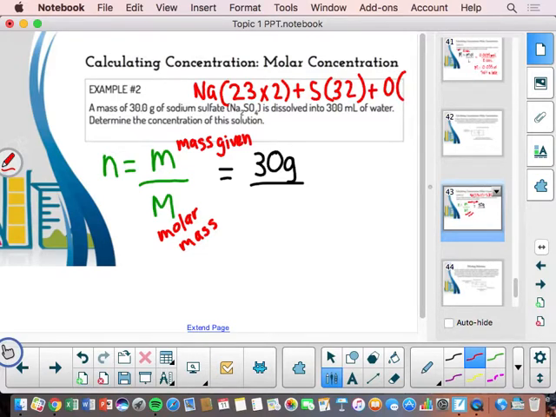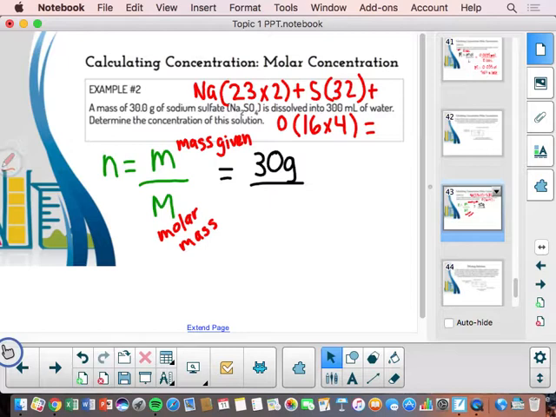I'm going to run out of space here, so I'll write it down here. And if we look up, oxygen is 16 times 4. You did this in Science 10. This is a refresher.